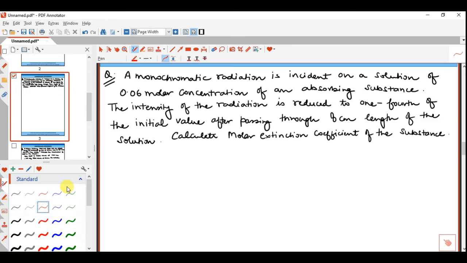Over here, if you look closely, something very important has been mentioned: the intensity of the radiation is reduced to 1/4 of the initial value. What does this mean? Let us just start solving the question. Now suppose this is the cuvette, okay?